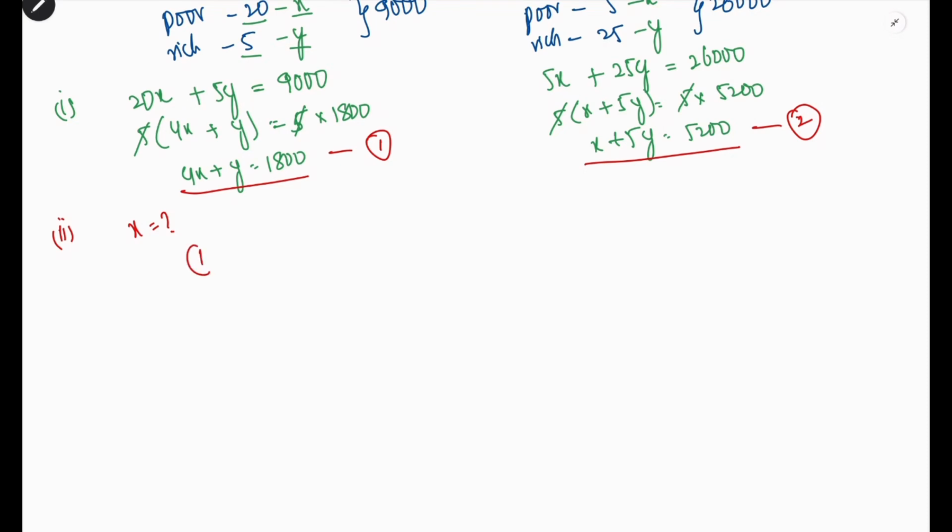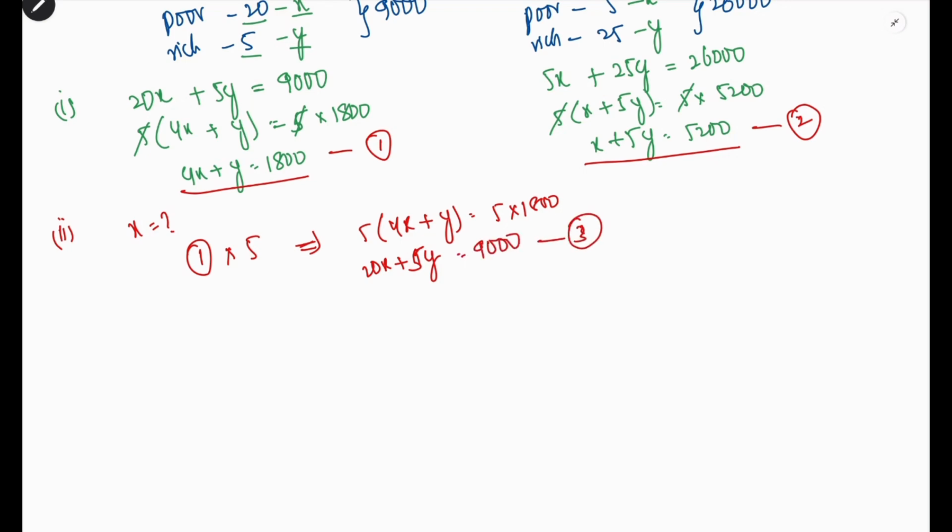In the first equation I will multiply by 5 so that the coefficient of y will be 5 and y can be eliminated. We get 20x plus 5y is equal to 9000. Let us take this as the third equation.